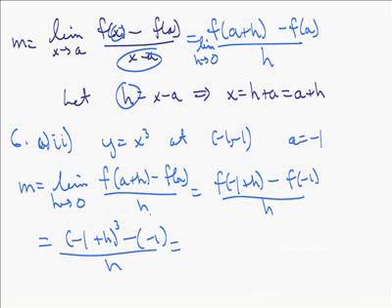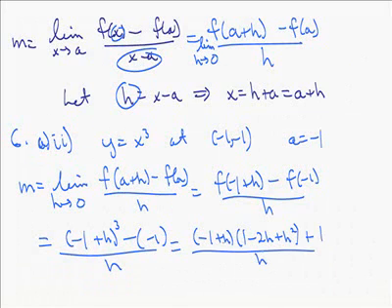What does this give us? Well, if we cube this out, we get -1 plus h times, let's square this, 1 minus 2h plus h squared, plus 1, all over h.